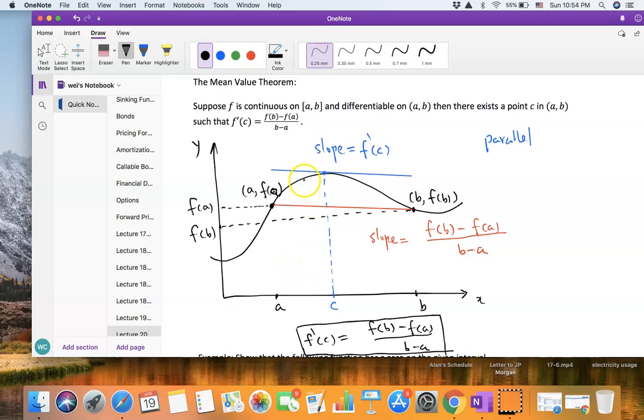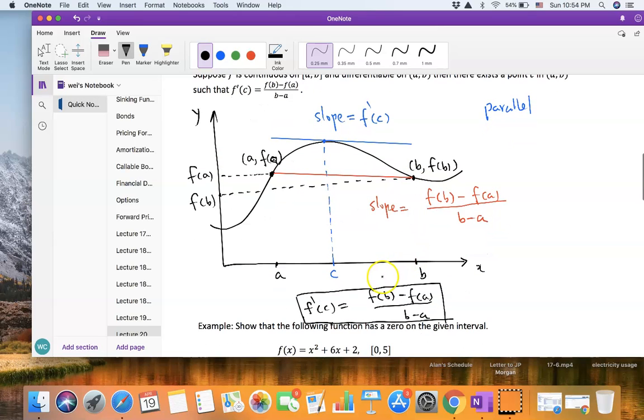And at that point, the tangent line is parallel to the second line between these two points; in other words, they have the same slope.